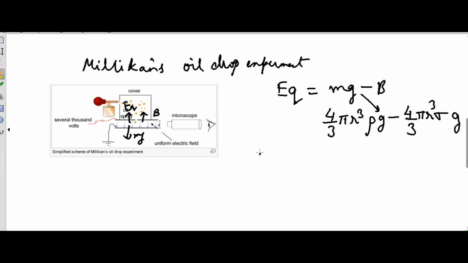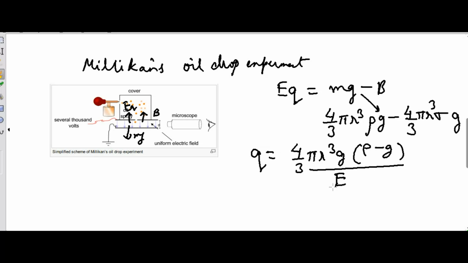So from this equation, doing some basic algebra, 4 by 3 pi r cube is common, g is common, (rho minus sigma) divided by E comes in the denominator. So I have found out Q. What is the Q of this oil drop? So Q of this oil drop is this expression. Now I know 4, I know pi, I don't know the radius yet, I'll find out the radius.